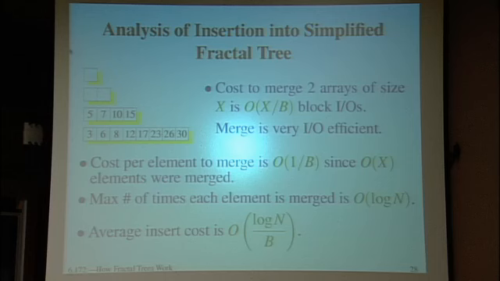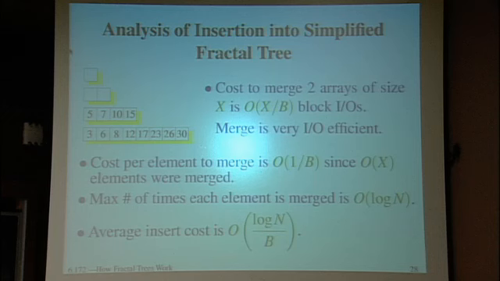So if you have 2 arrays of size x, the cost to merge them is you have to read the 2 arrays and write the new array. You add it all up, and that's order x over b I/Os. Maybe it's 4x over b or something, but big O of x over b. So the merge is efficient. The cost per element for the merge is 1 over b, because order x elements were merged, and we get to spread the cost.